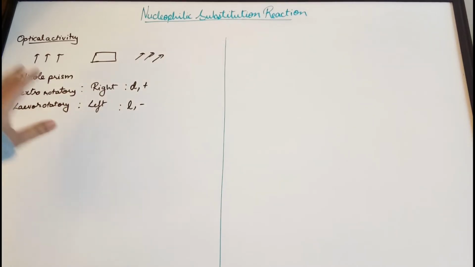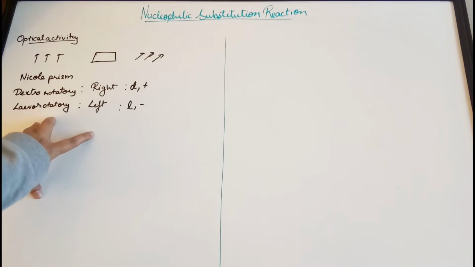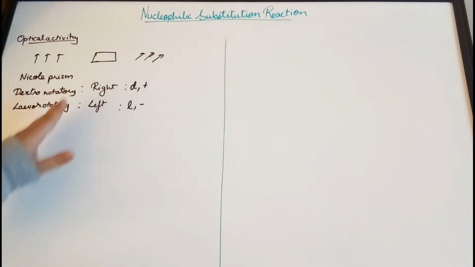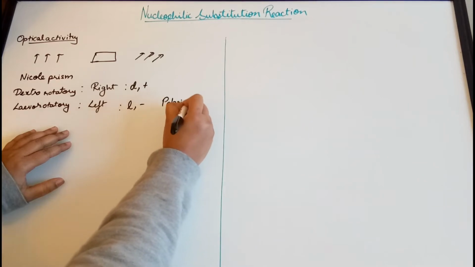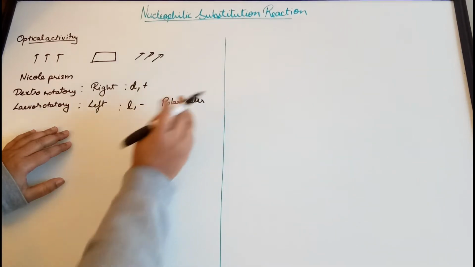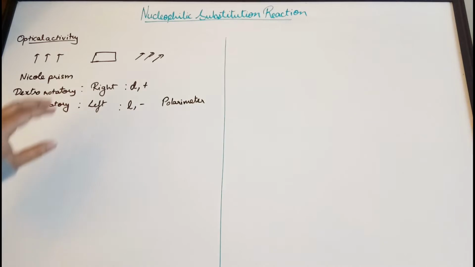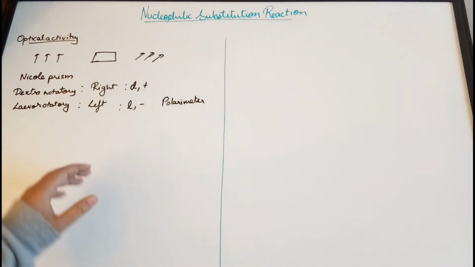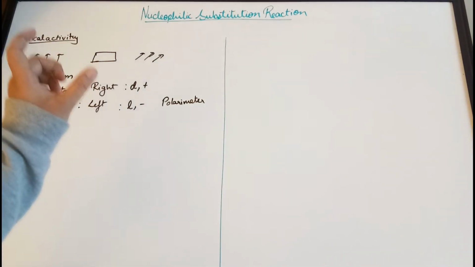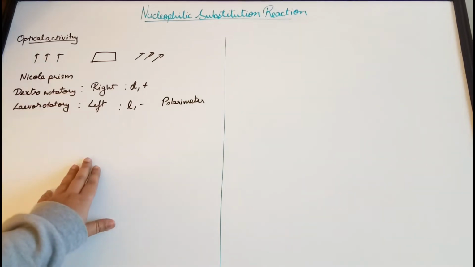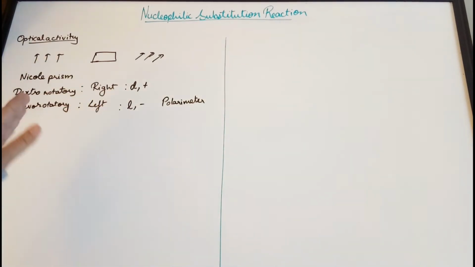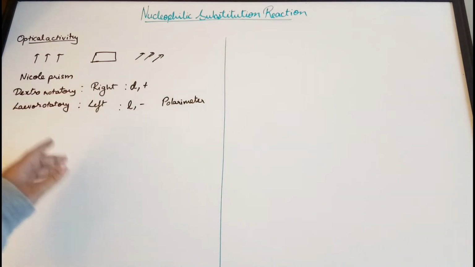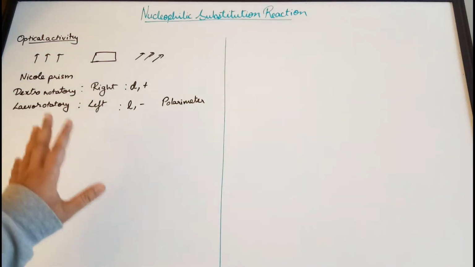We cannot predict which direction the optically active compound will rotate the light to, because this is done through an instrument called the polarimeter. The polarimeter will be able to observe and tell us if an optically active compound is rotating the plane of the plane polarized light to the right or the left. So that is optical activity.